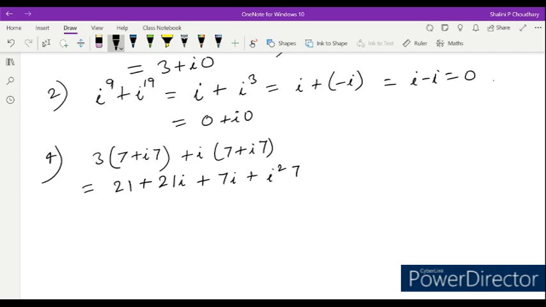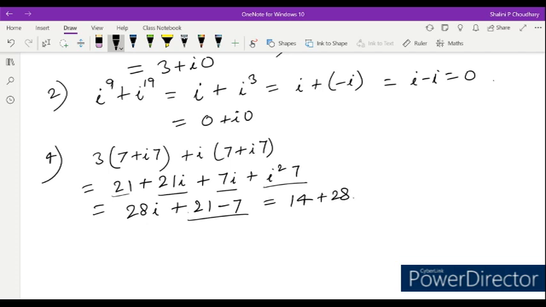We can add these: 21i plus 7i is 28i, and the i square term will be minus 7. So 21 minus 7 is 14, and this is 14 plus 28i. So this is in the form of a plus ib.